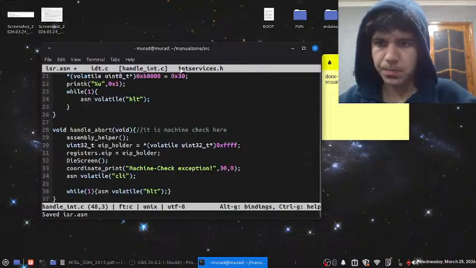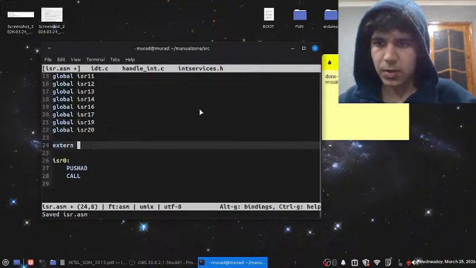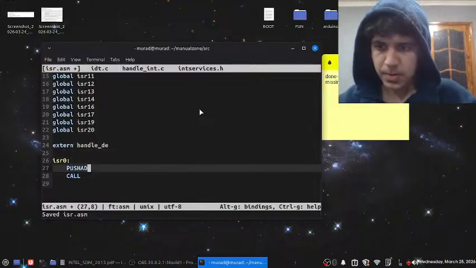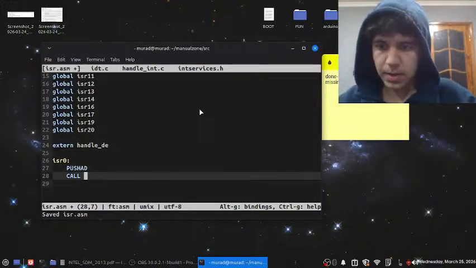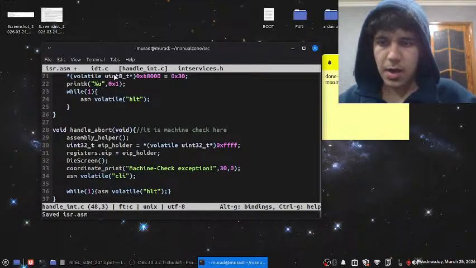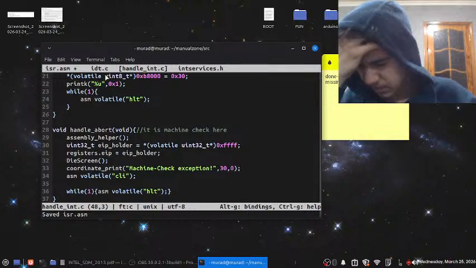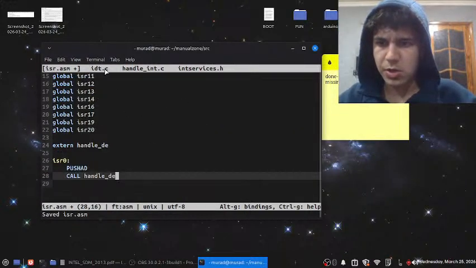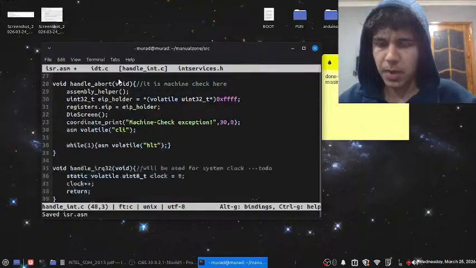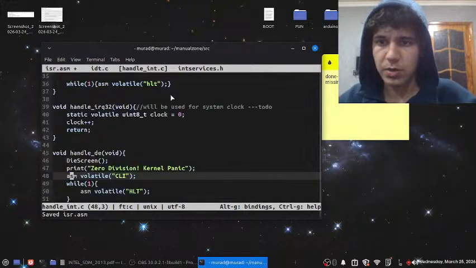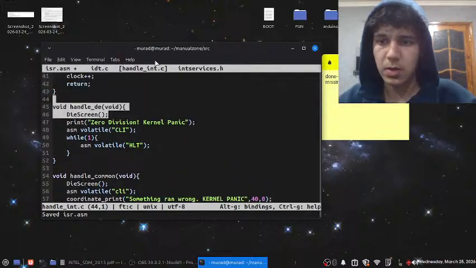Extern handle DE, call handle DE, and I have to declare an instruction pointer here, because I will add the instruction pointer for tracing where the code went.